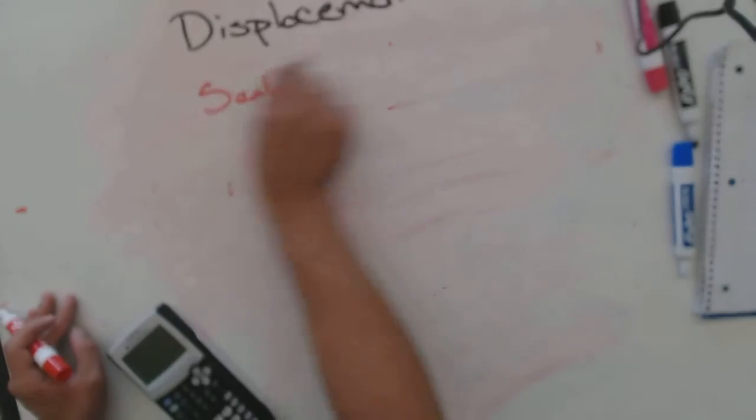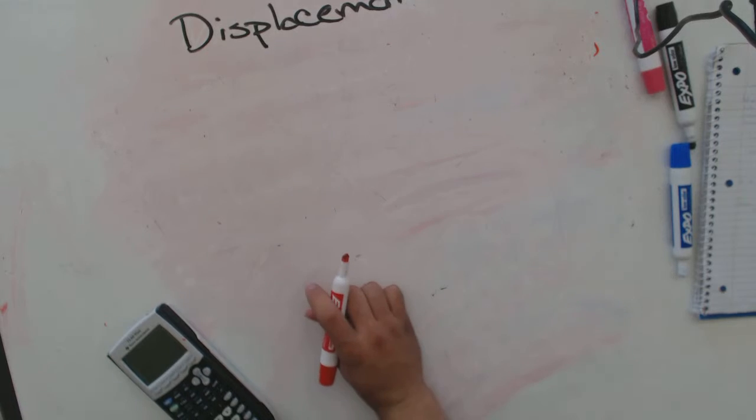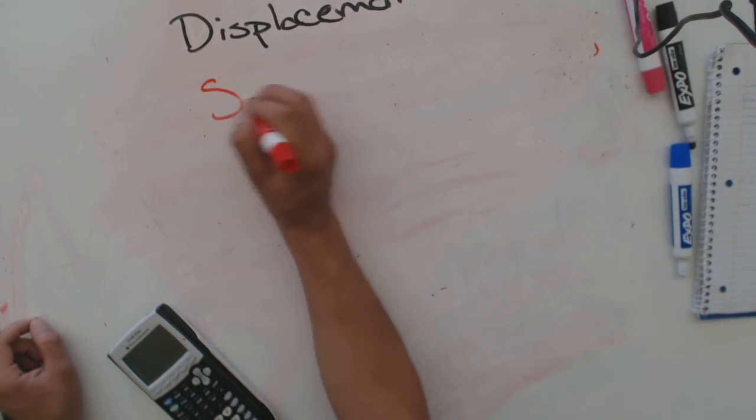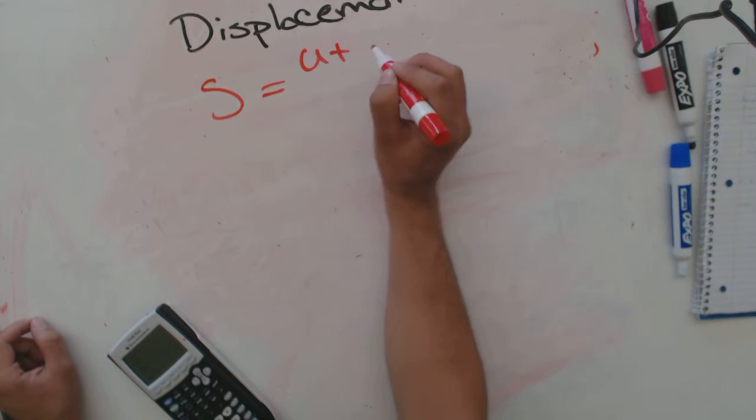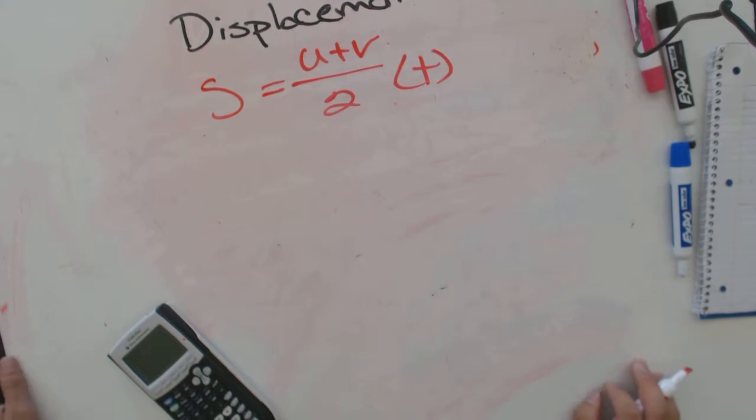Alright, so let's go back to what exactly displacement is mathematically. Displacement is S equals initial velocity plus final velocity over 2, multiplied by time.